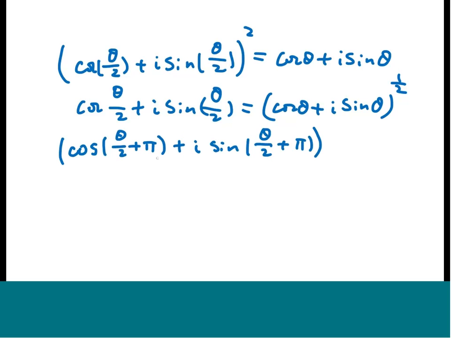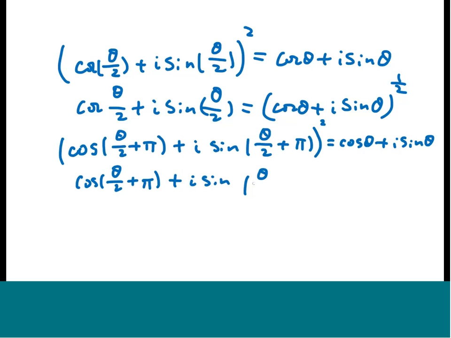So if you square it again, you will see it also equals cosine theta plus i sine theta, because the sine 2 pi is nothing in there, right? Which means cosine of theta over 2 plus pi plus i sine of theta over 2 plus pi can also equal cosine theta over 2 plus i sine theta over 2.